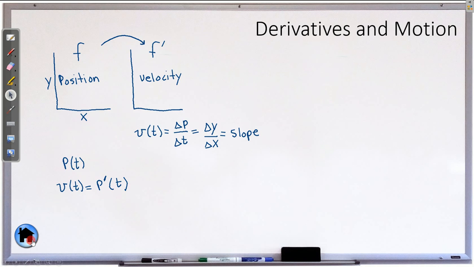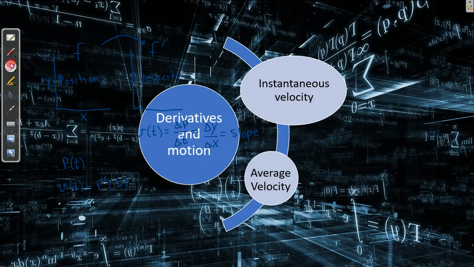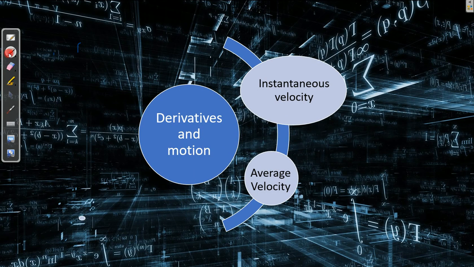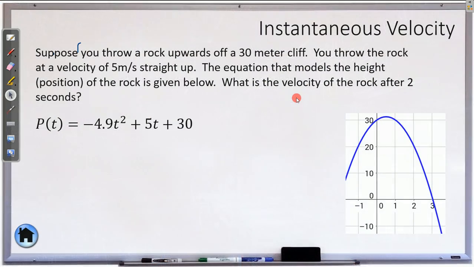So now that we have an idea of the relationship between derivatives and motion, we can now start talking about instantaneous velocity, which will be the slope at one point, which is the definition of the derivative. So here we have one quick example.